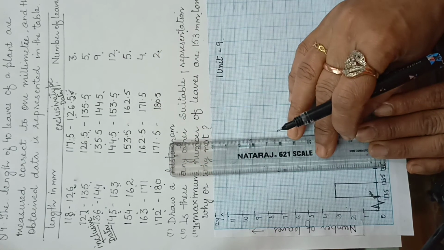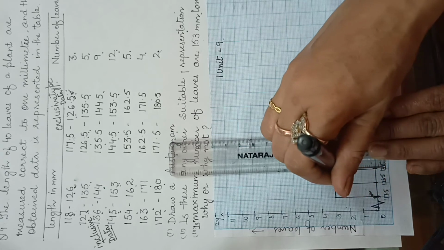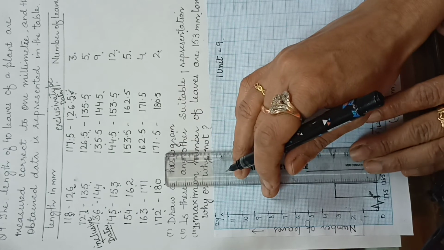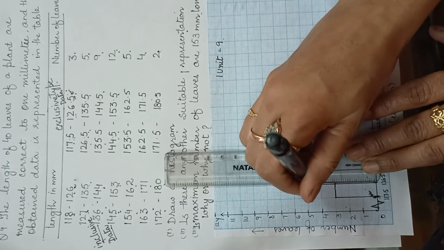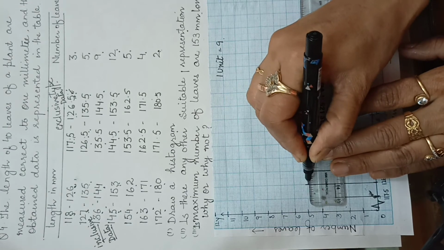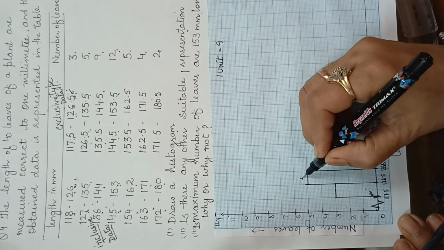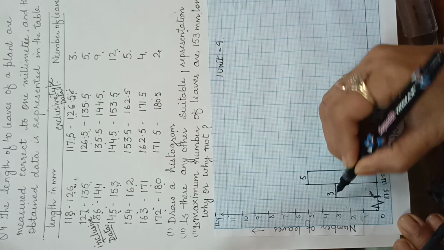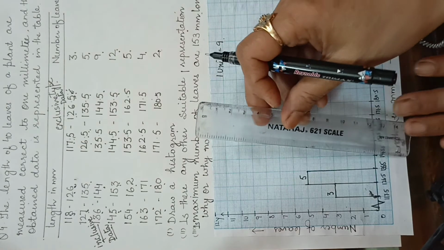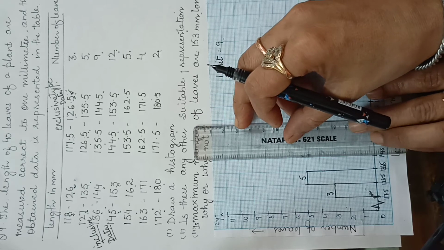Now you are observing this is the continuous class interval. This is 135.5. Here also we are taking as 5. Make it join. Children, you make it with the pencil. So it will be 5. This is 3. Then 135.5 to 144.5, it is 9.